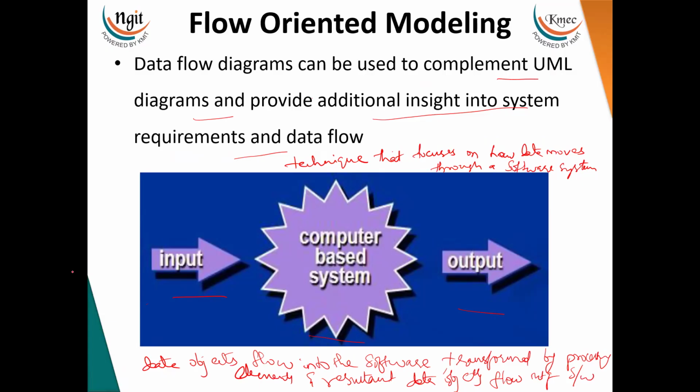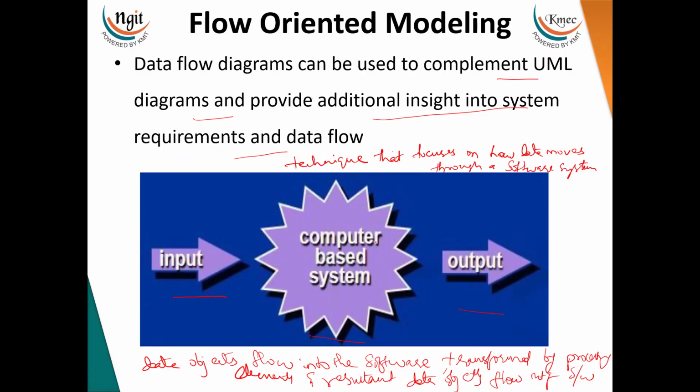That is the input process output view of a system. Clear, students? So that is flow oriented modeling. It is a technique which focuses on how the data moves through a software system.